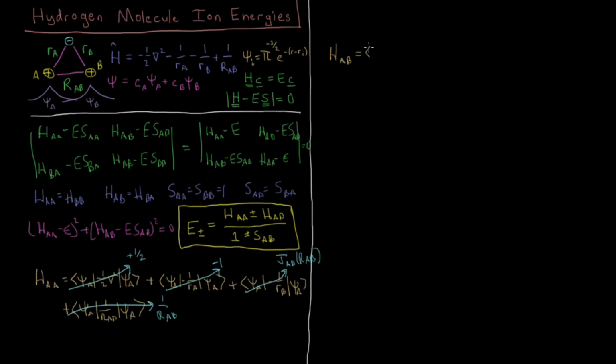Okay, and that's going to be the integral of psi star A, minus 1/2 del squared, psi B. We're going to have the same 4 terms, but now instead of having psi A here, we're going to have psi B in the ket. psi A minus 1 over Ra psi B, plus psi A minus 1 over Rb psi B, plus psi A, and then we have, again, 1 over Rab, psi B.